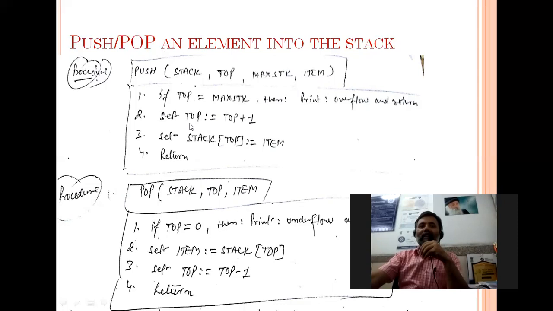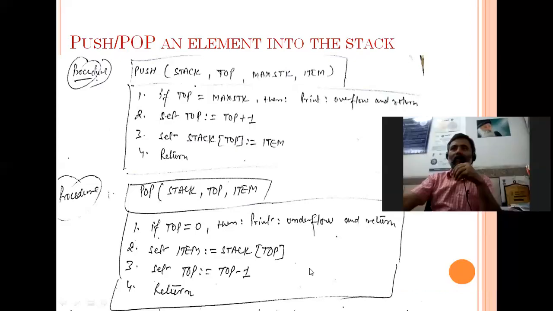Otherwise, we will increment top: top is equal to top plus 1. And at this new updated value of top in the array, this is an array, but we are using the name stack, so in this array stack top, the item will be stored and it will return. So it is a simple procedure for pushing any item.